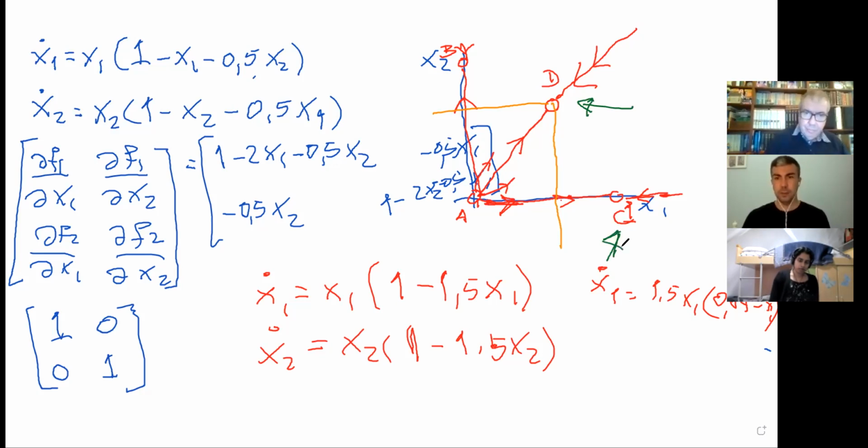C will be a saddle point, so a point in which you have two real eigenvalues, one positive and one negative. So here you also need the eigenvectors.